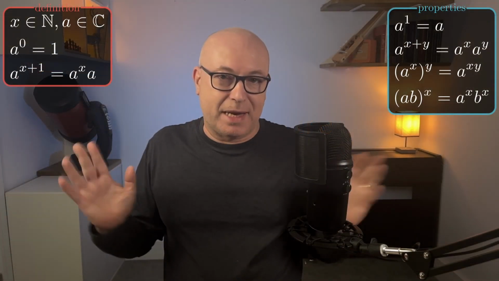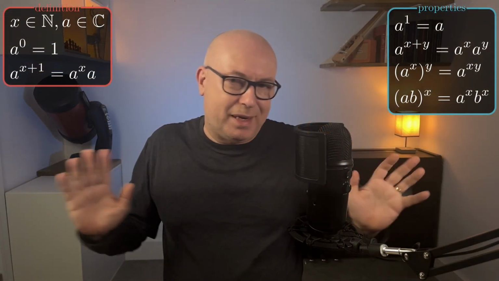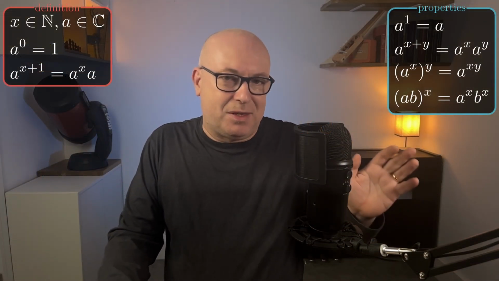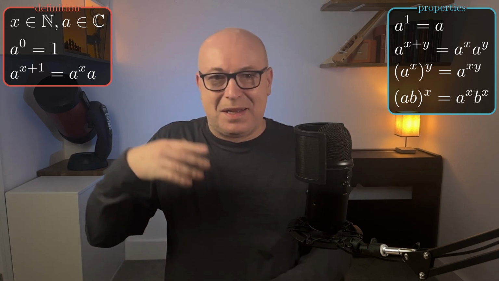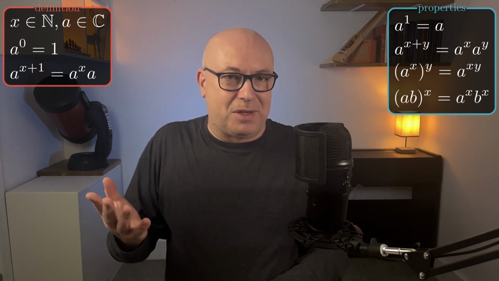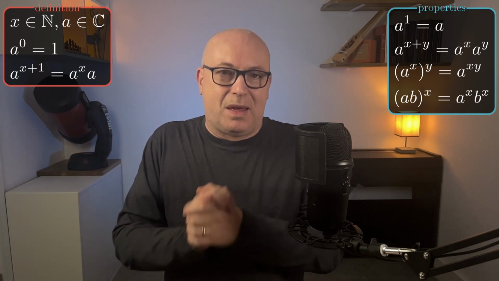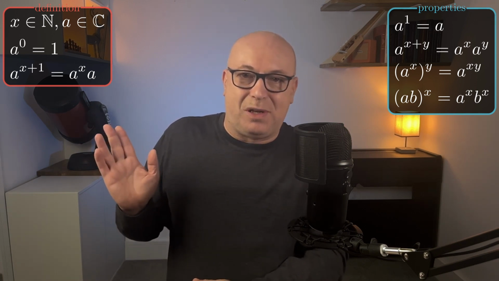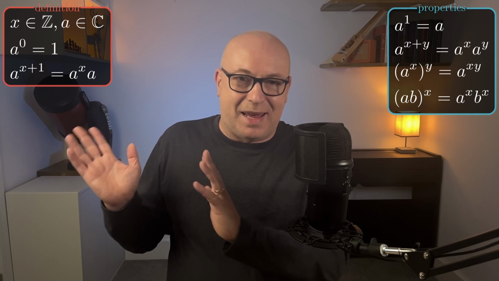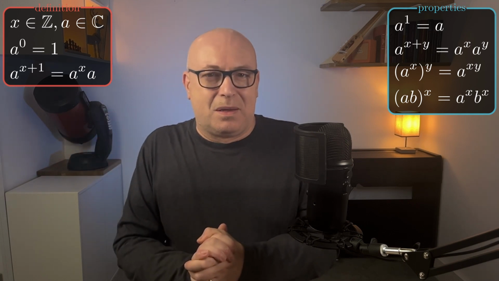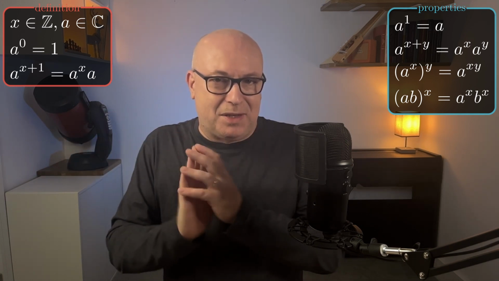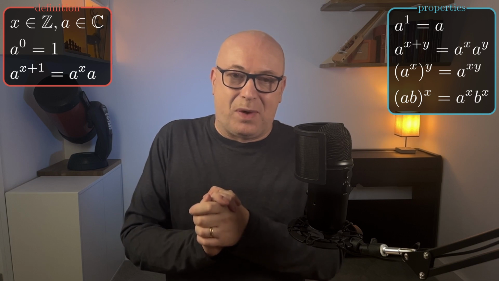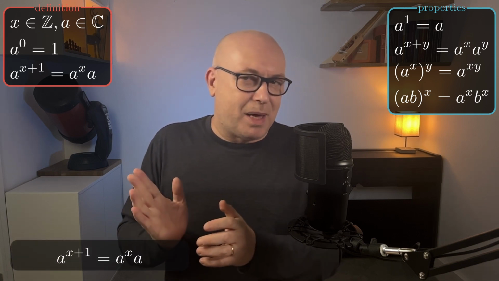Now let's extend our definition to all integer exponents. That is, we're going to include negative numbers in the exponent as well as positive. We can just try taking the same definition, but we'll replace the natural numbers n by the integers z. There's one issue here though. Let's check the induction step where the exponent x is equal to minus 1.